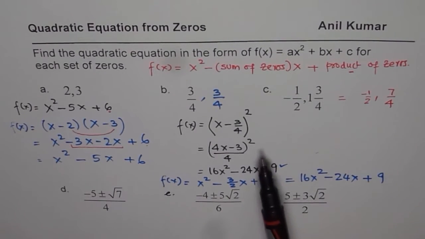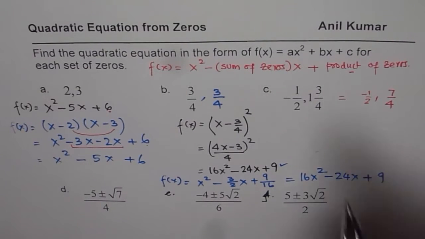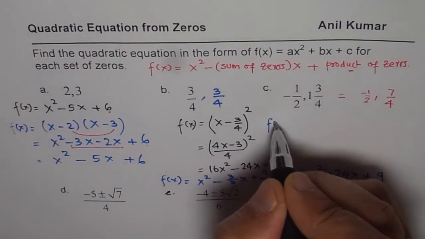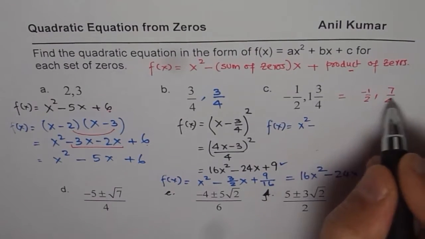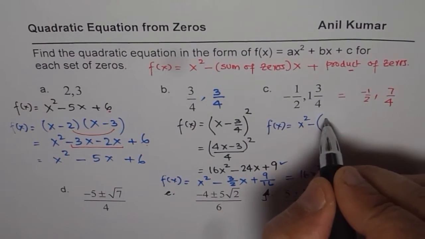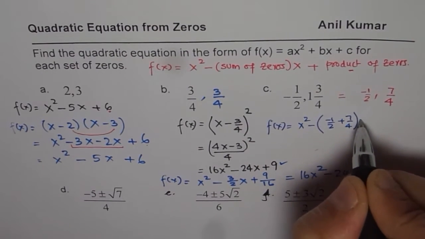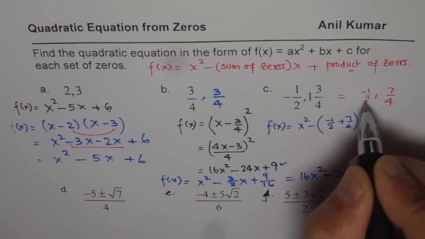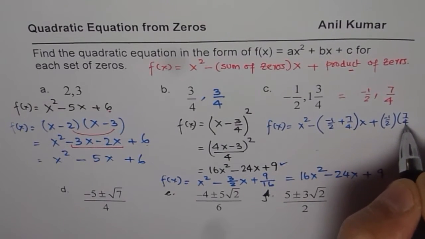So what you get is an equation f of x, which should be equal to, let me use another ink now to solve it for you. So we could write this as f of x equals x squared minus the sum of these two. So I'm not doing the calculations for you, which you can do yourself. 7 over 4 times x plus the product of these two, that is minus half times 7 over 4, right?